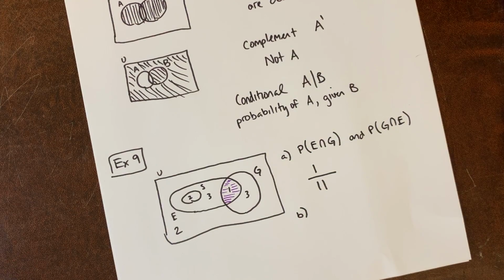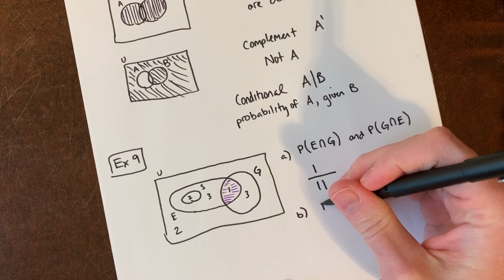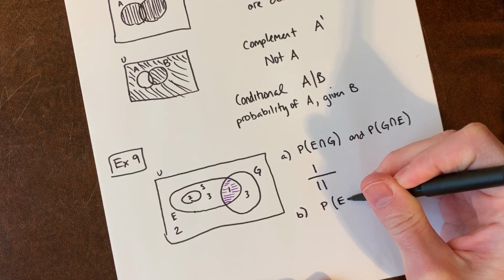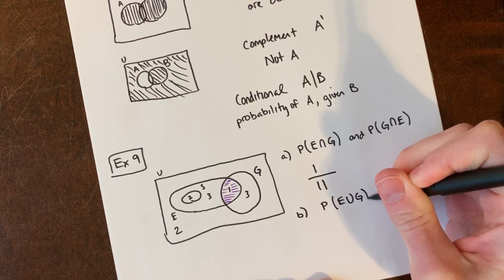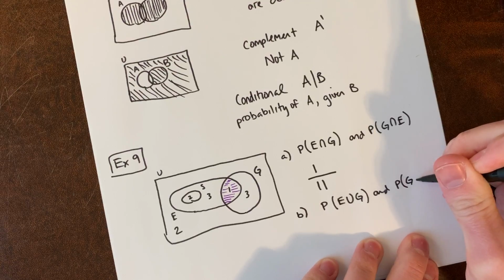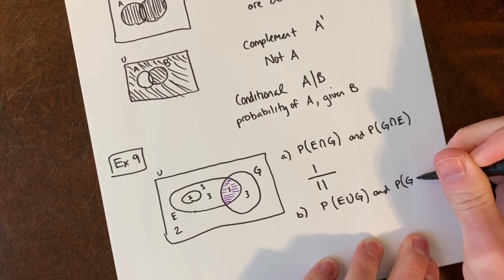we want to know the union of E and G and G and E. Probability of the union. And again, the order here doesn't matter, so this is actually all the same thing.